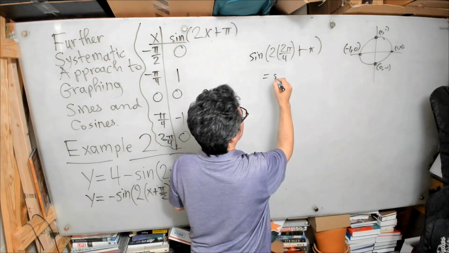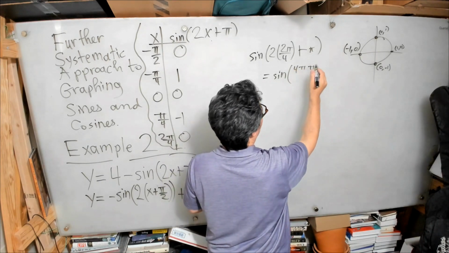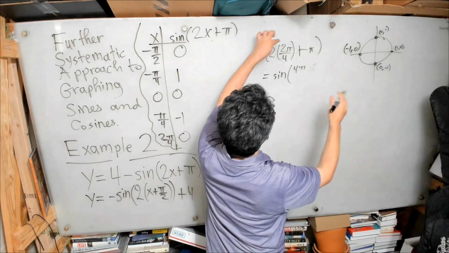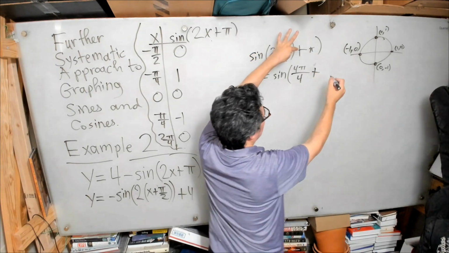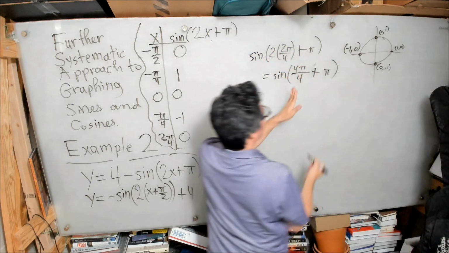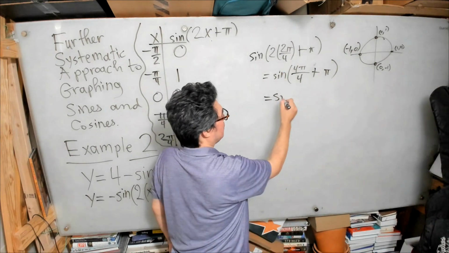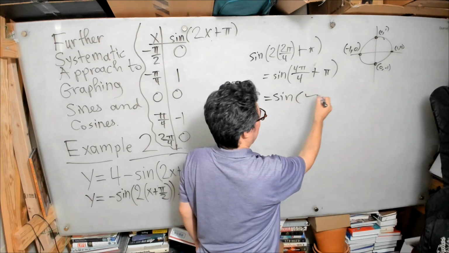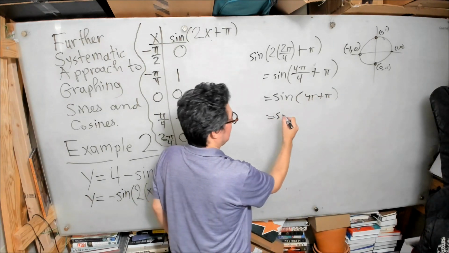That's going to be the sine of 4 pi over 4 plus pi, because 2 times 2 is 4. And you can see what's 4 pi over 4? The 4's cancel, and I'm left with sine of pi plus pi. And what is that? That's going to be sine of 2 pi.